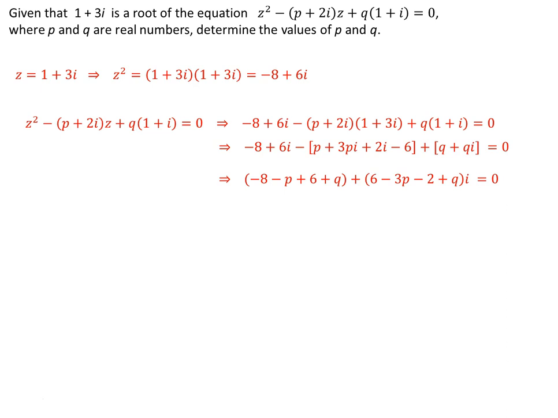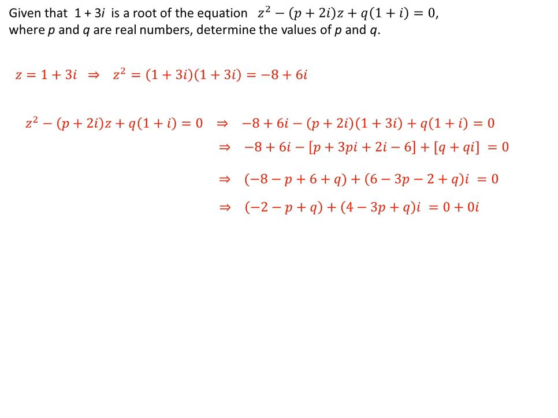Now we can tidy up that real term and that imaginary term somewhat. So minus 8 minus p plus 6 plus q becomes minus 2 minus p plus q. On the other hand, for the imaginary term, we've got 6 minus 3p minus 2 plus q becomes (4 minus 3p plus q) times i.